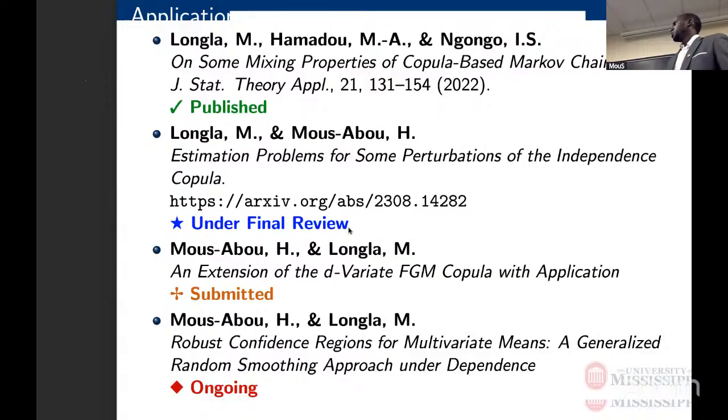The second project is Estimation Problems for Some Perturbations of the Independent Copula, which is under final review. The third project is an extension of the bivariate FGM copula with application, which has been submitted already. And the last project, which is still going on, we expect to finish in the next 2 to 3 months, is the robust confidence region for multivariate means, a generalized random smoothing approach under dependence.